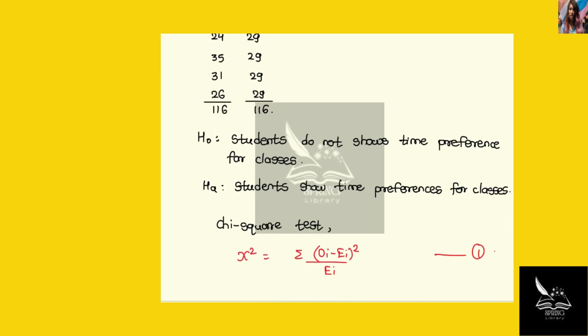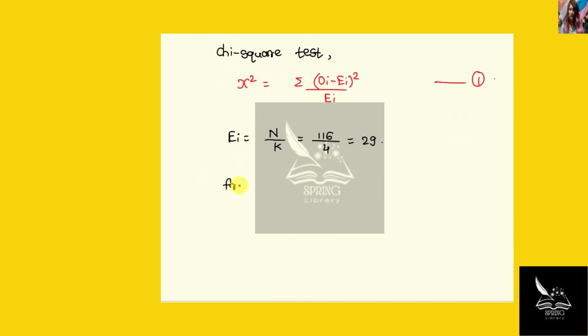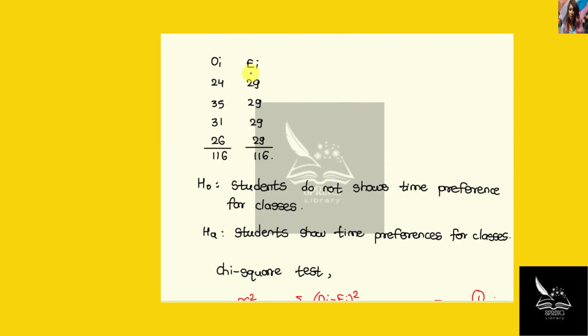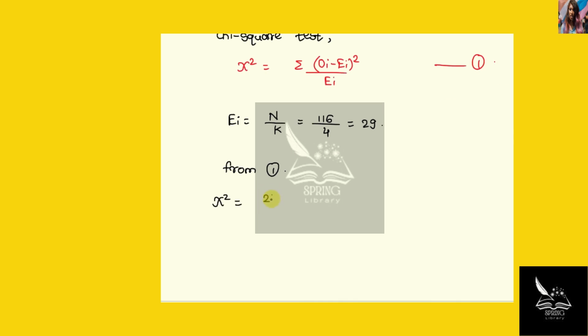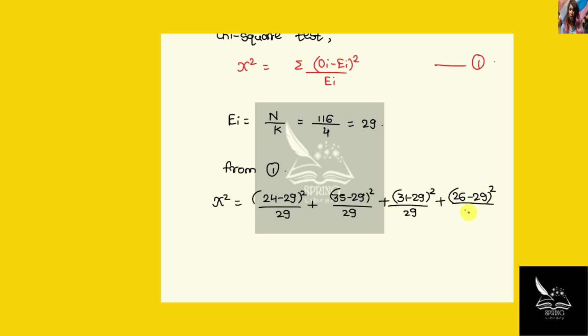Now we can compute the test statistic value from equation 1. Chi-square equals (24 minus 29) squared divided by 29, plus (35 minus 29) squared divided by 29, plus (31 minus 29) squared divided by 29, plus (26 minus 29) squared divided by 29.